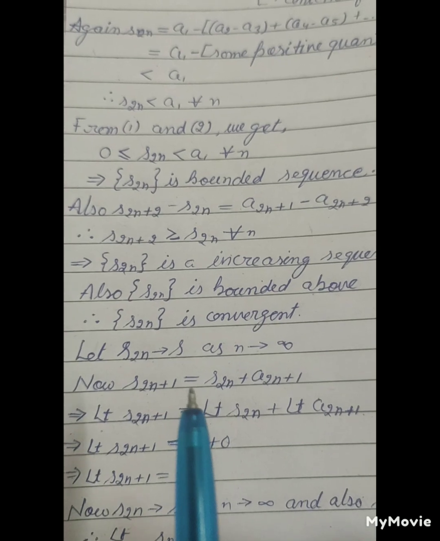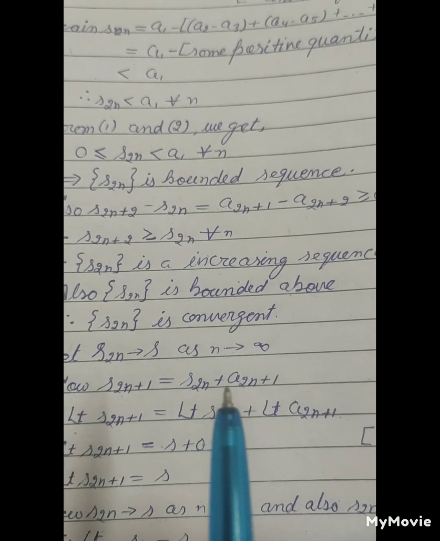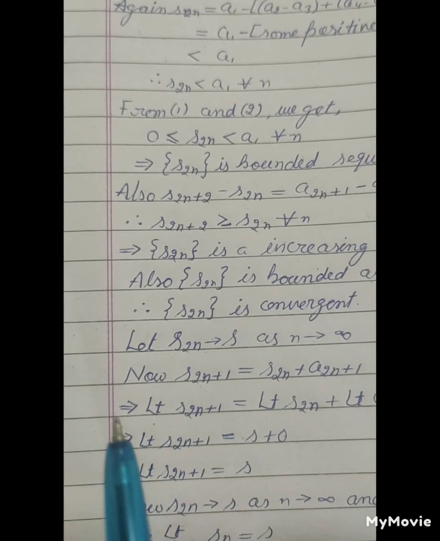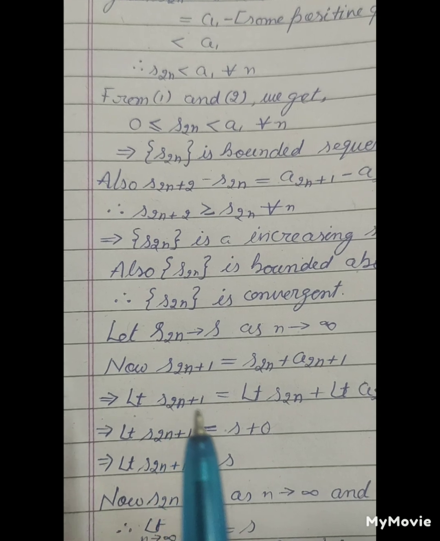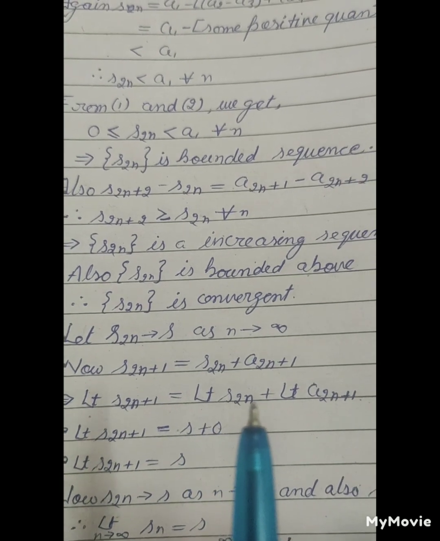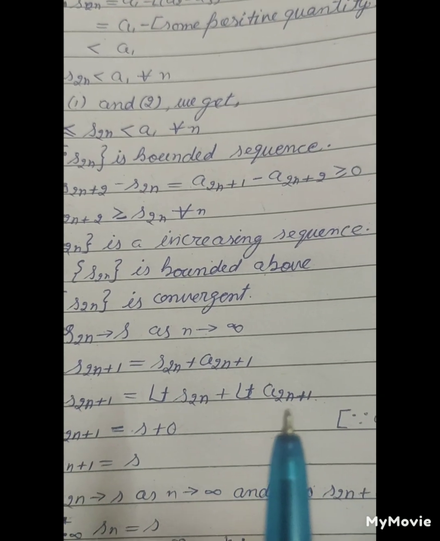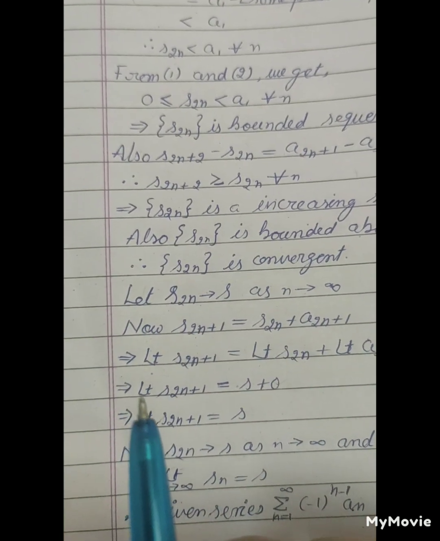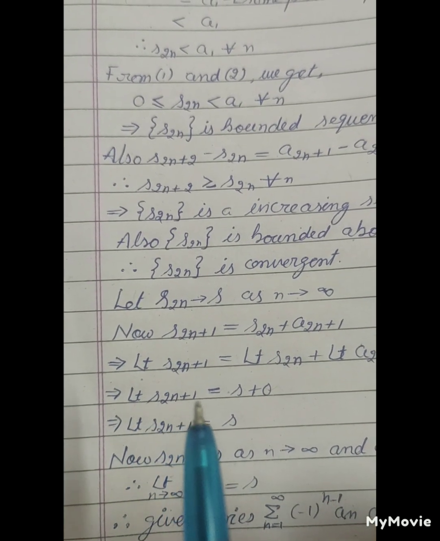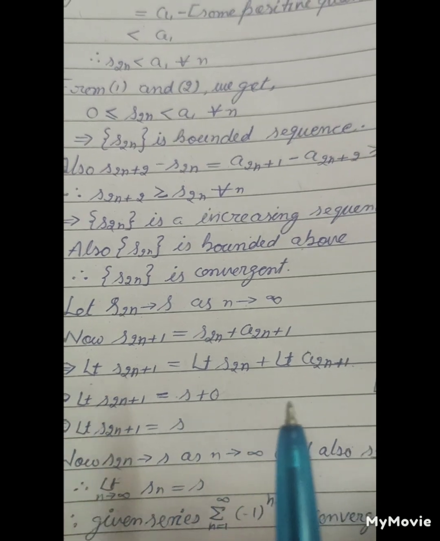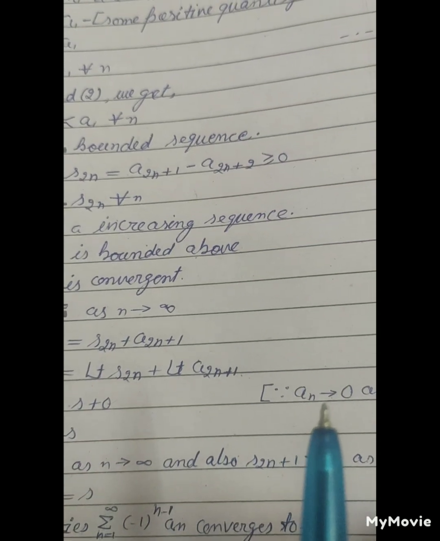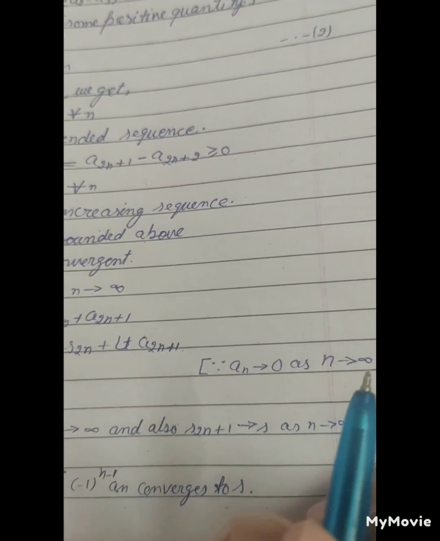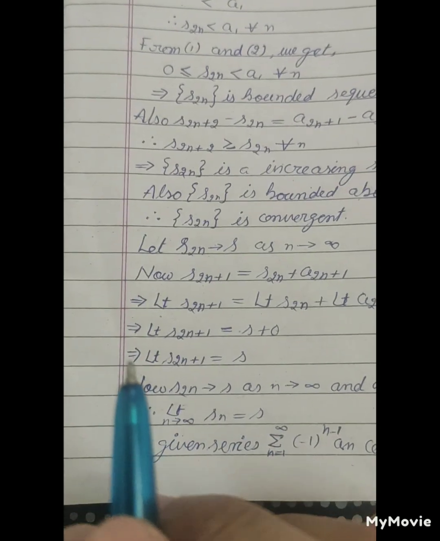Now S_(2n+1) equals S_2n plus a_(2n+1), which implies limit S_(2n+1) equals limit S_2n plus limit a_(2n+1). So limit S_(2n+1) equals S plus 0, because a_n tends to 0 as n tends to infinity.